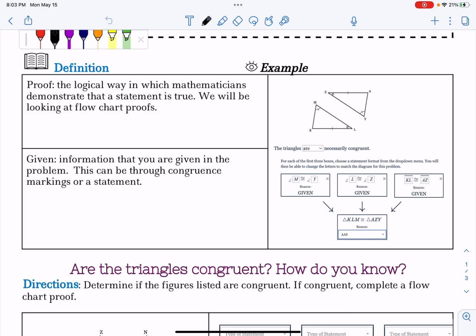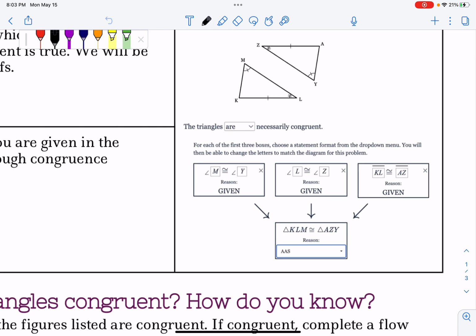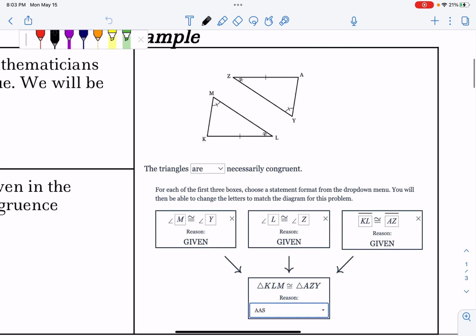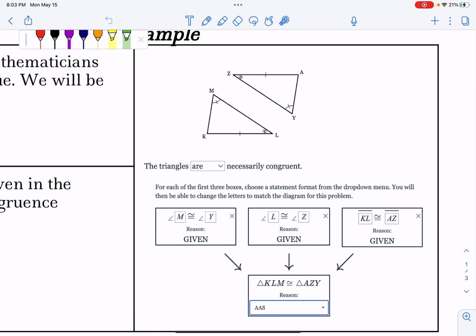You can read these definitions here. You can look at this example. So essentially, if you look up here at this triangle, we're given an angle, and a side, and then an angle, and a side. And angle, side is one of our triangle congruence theorems. So these are going to be congruent. How do we know?